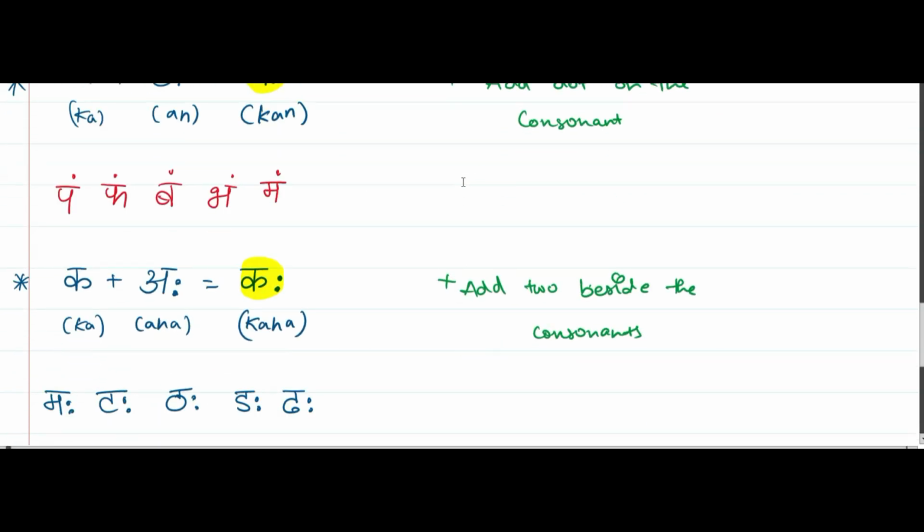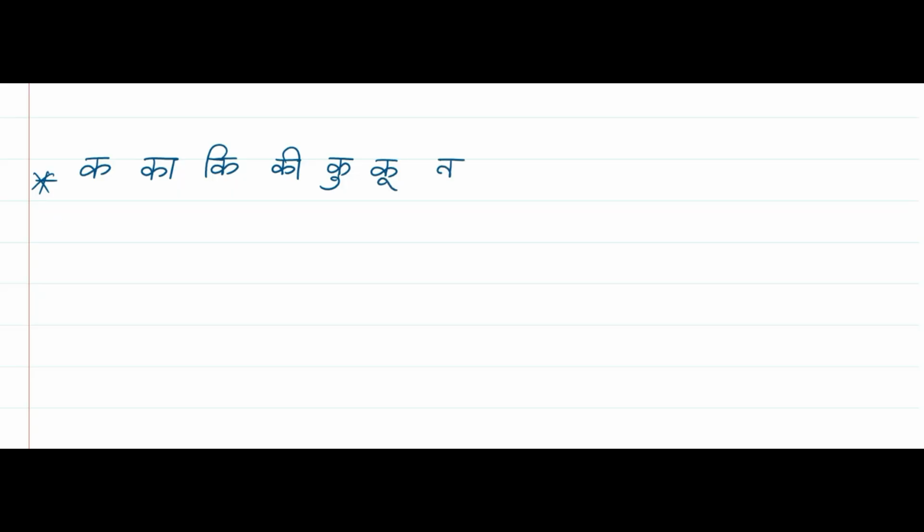So, as we have learned all the Barakhadis, I'm gonna put it in a summarized format for K. So it's K, Ka, Ki, Kee, Ku, Koo, Ke, Kai, Ko, Kau, Kan, Kaha, Kri.